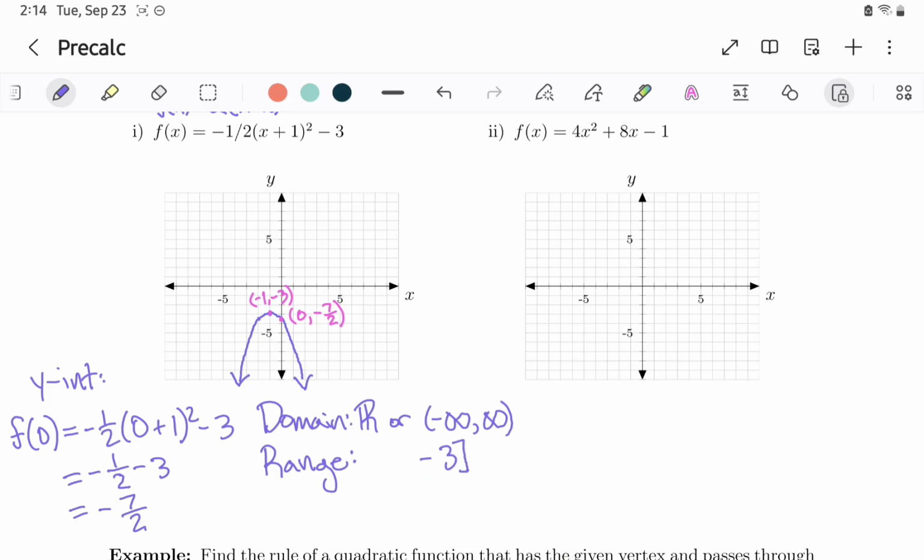And the graph of our parabola does go through the point (-1, -3), so -3 is included in the range. And then the parabola just extends downward indefinitely. So we're going to have from -infinity to -3 for the range.